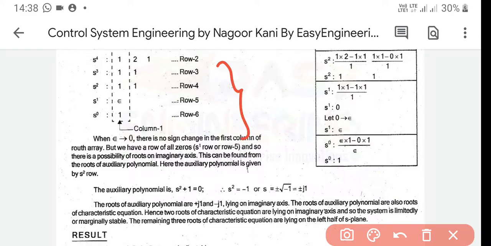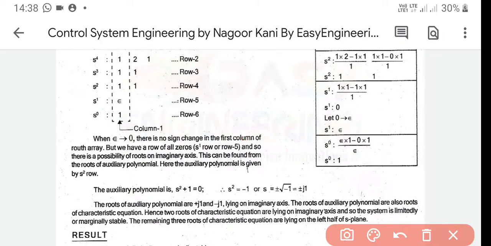After finding the route array, for finding the value of that row, once again you have to replace this epsilon with a 0, right? So replacing epsilon with a 0, what will be the value when epsilon is replaced with 0?